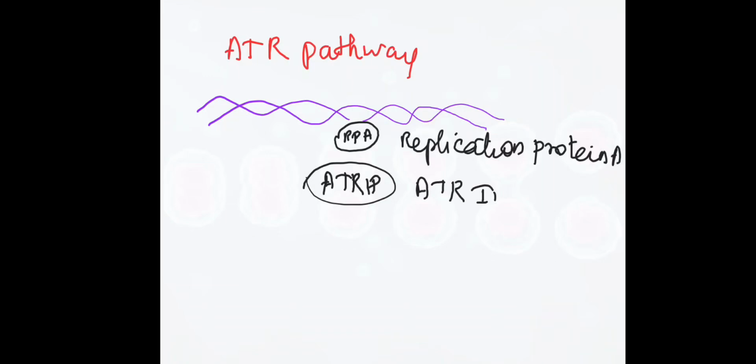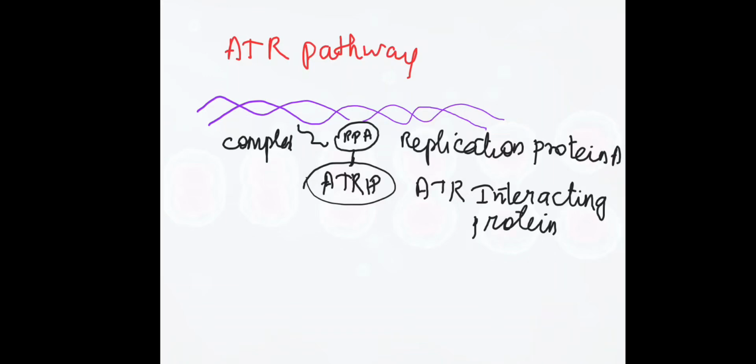ATRIP stands for ATR interacting protein. ATR interacting protein binds to the RPA single strand DNA complex. When RPA is bound to the single stranded break, it forms a complex.